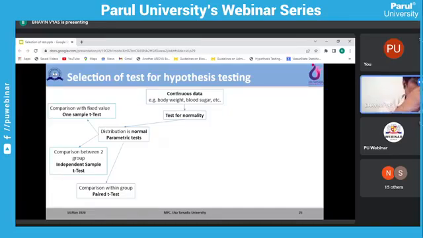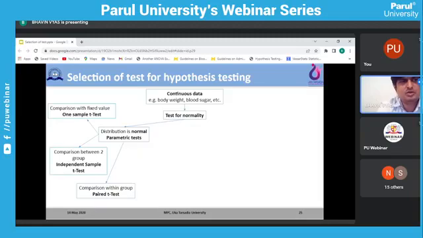Suppose I want to know the blood glucose level in Pharm D fifth year students. I'll compare the average value of those students with a standard value of 120 milligram per deciliter. If I'm comparing my collected data with a fixed value, then you should select a one sample t test.